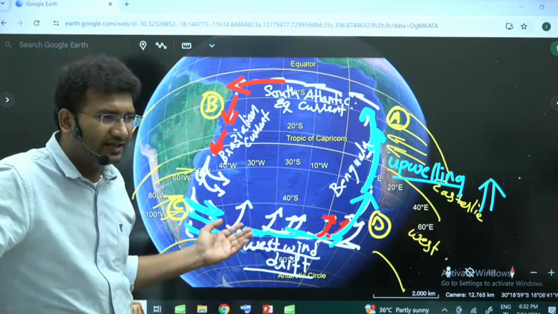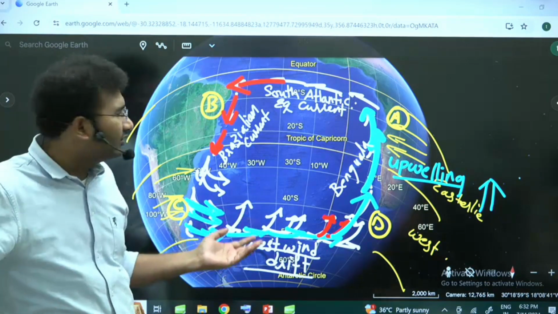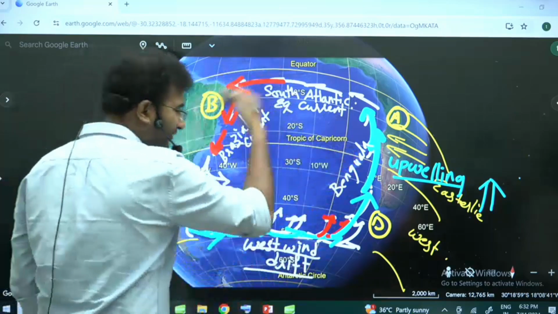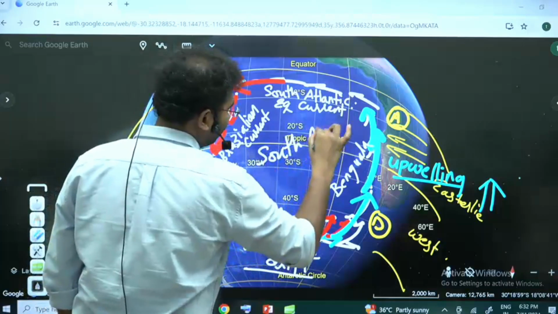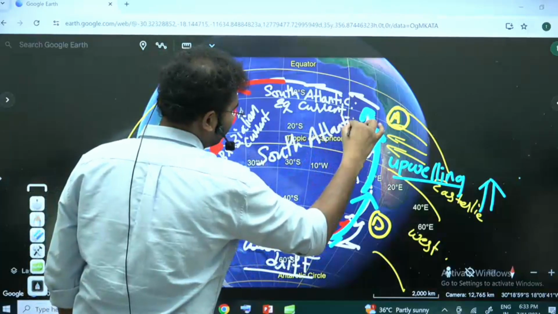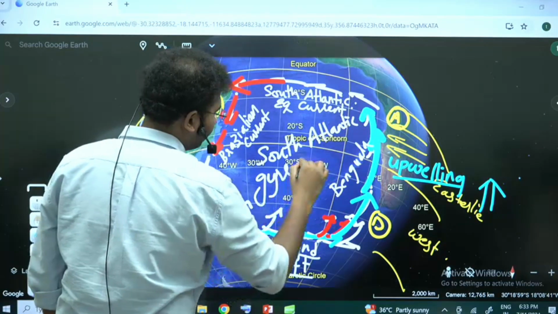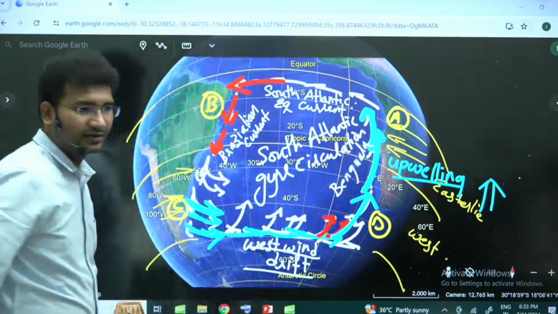Here the water moves very fast, wind also, water also, everything. So in totality, this is your South Atlantic Ocean currents. And here, the name of this is South Atlantic gyre circulation. G-Y-R-E, gyre circulation. Right?